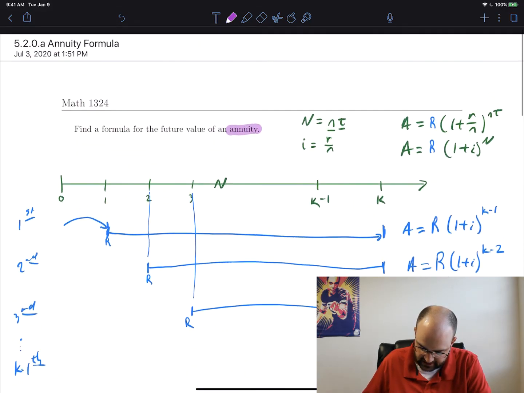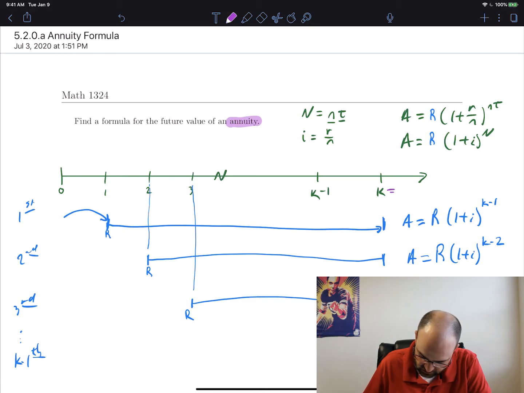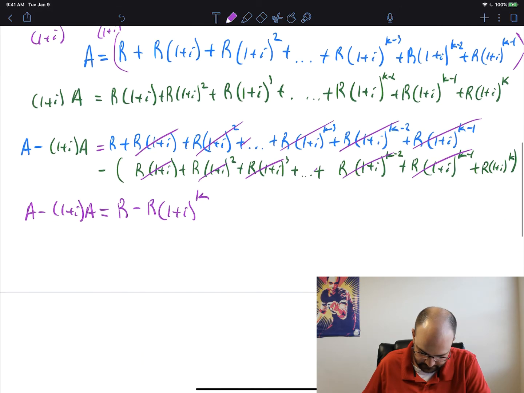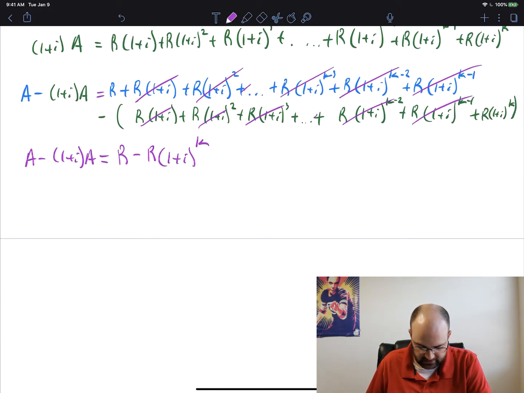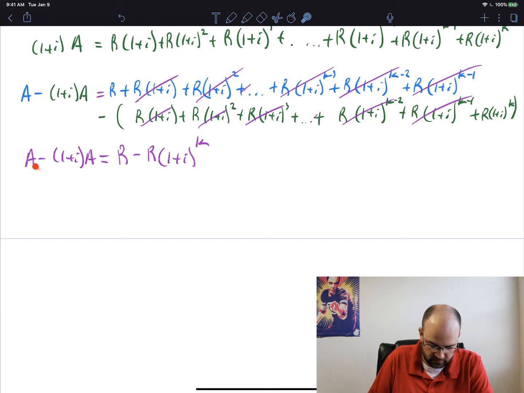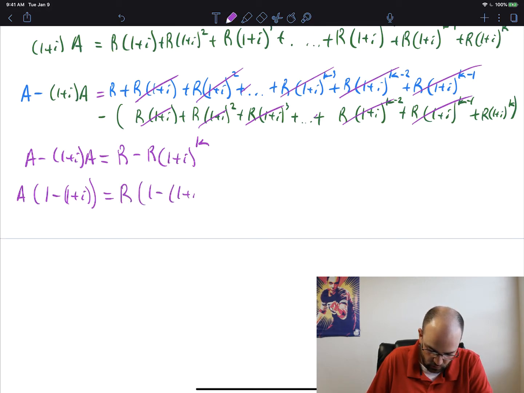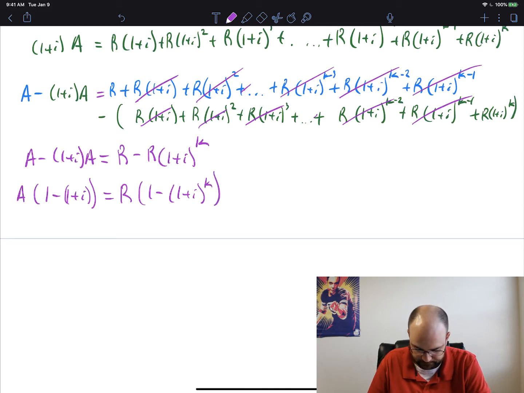Now for us, this capital K is actually our capital N, which is little n times t, just a reminder of that. Okay, so notice that in these two terms, there's a common factor of A. So if I factor the A out, I'm left with 1 minus 1 plus i in parentheses. Then over here, I have an R in common, so I'm going to factor out an R, so that's going to be R times 1 minus 1 plus i to the kth power.